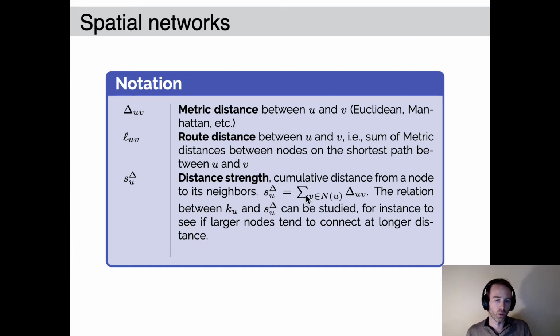Or you can also study the average distance to the neighbors, which can be interesting to look at to study something like, for instance, whether nodes with a high degree are connected, on average, to nodes which are at a longer distance. Or is it homogeneous and independent of node degree? So, is there a relation to the distance which is independent of your degree, or is it dependent on your degree?